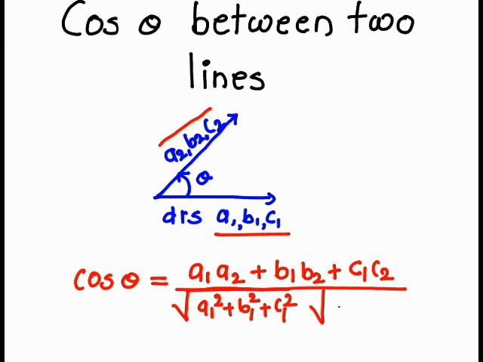So this gives the value of cos theta. This will be required to find an equation of a right circular cone.